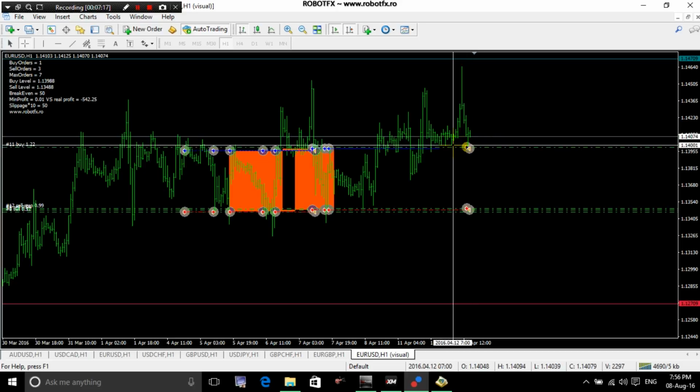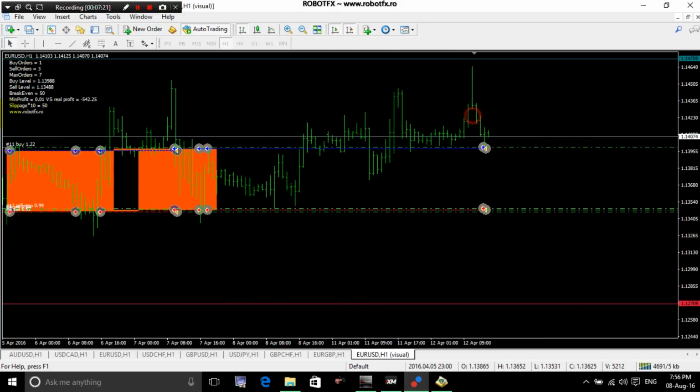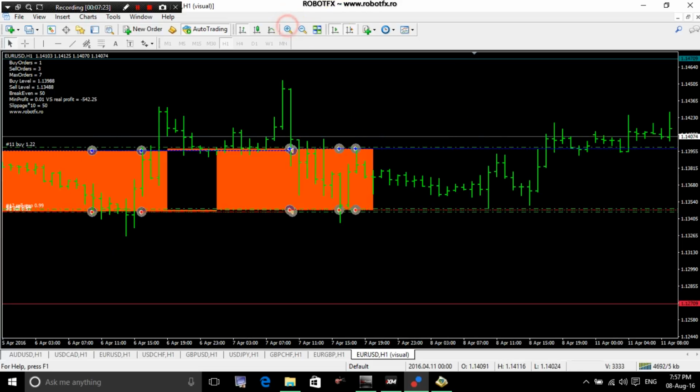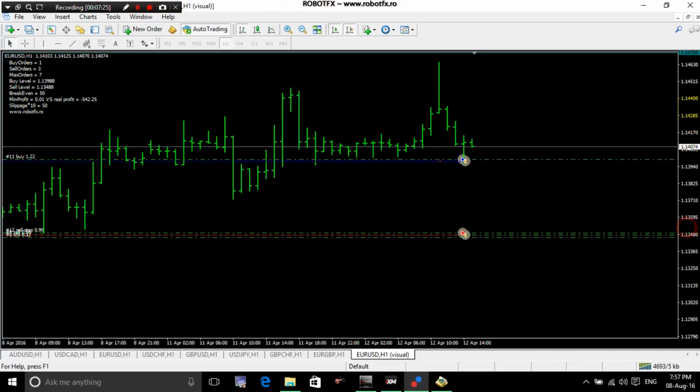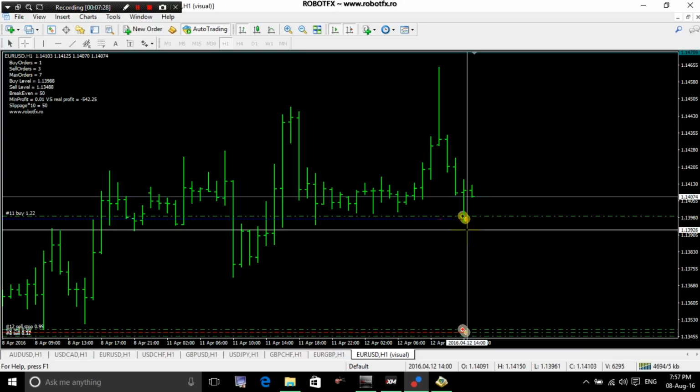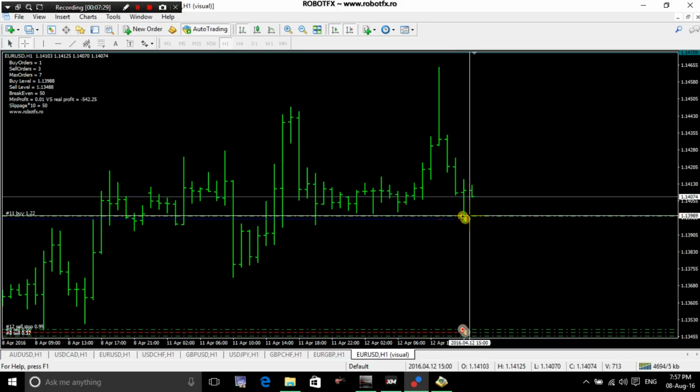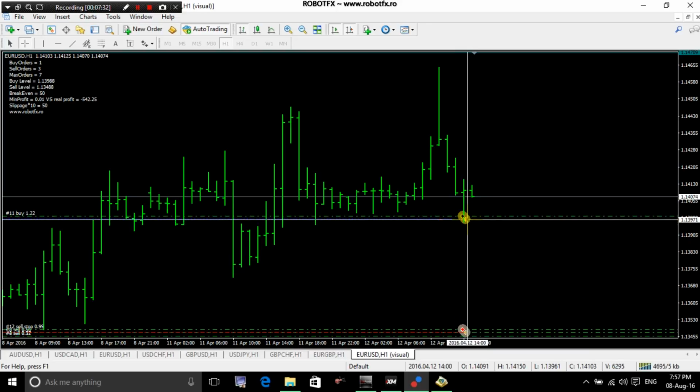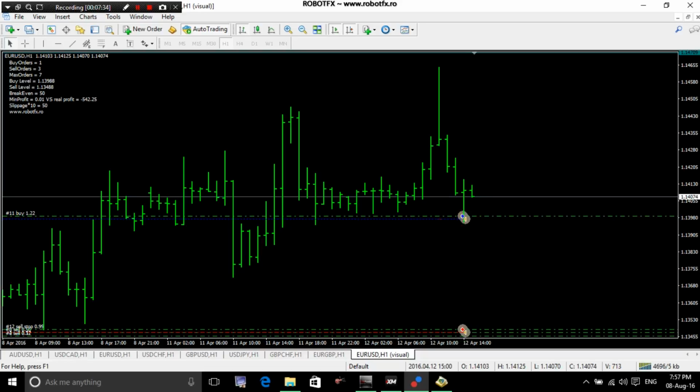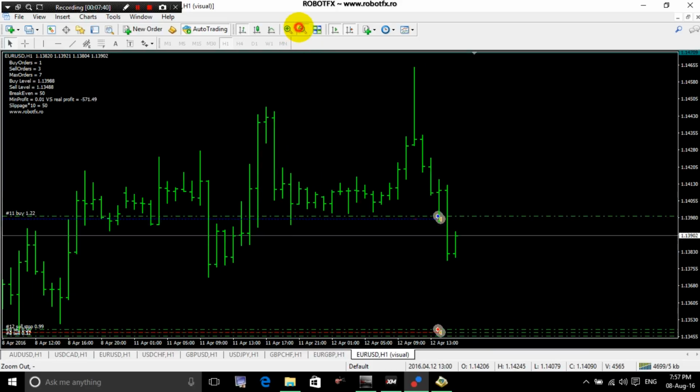It did the same thing now. It went higher, dropped back, and closed the buy order, just enough, the price got just enough to close the buy order, not enough to go under the previous level and place a pending buy. Again, the expert advisor opened an aggressive buy.